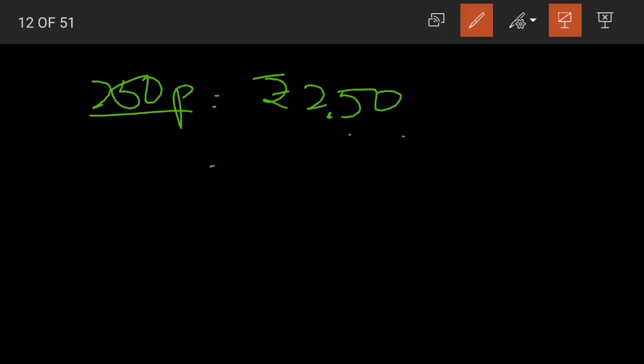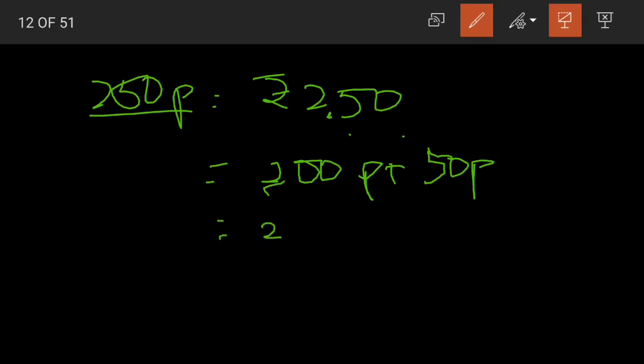So 250 paise is nothing but how much children? 2 rupees 50 paise. And if you are looking for the elaborate answer, it would be 200 paise plus 50 paise. Separate it, 200 paise and 50 paise. 200 paise is nothing but 2 rupees plus 50 paise. Now when we combine these two, it would be 2.50, that is nothing but 2 rupees 50 paise.